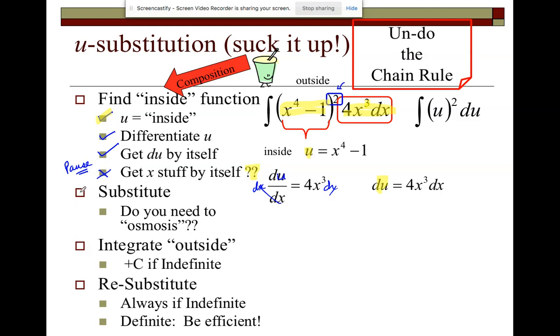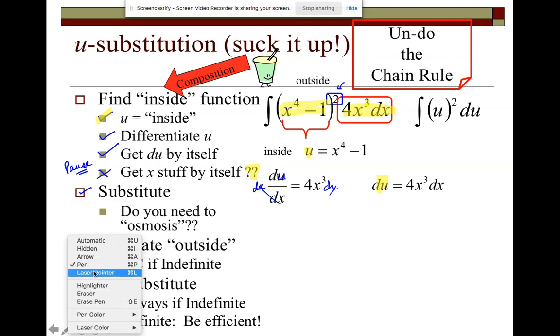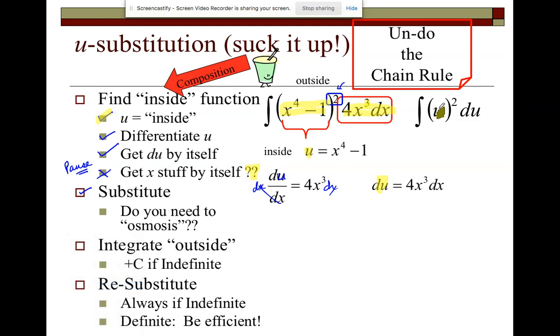So now substitute. In place of x to the fourth minus 1, I wrote u. In place of 4x cubed dx, I wrote what it was equal to, du. I can now just integrate.